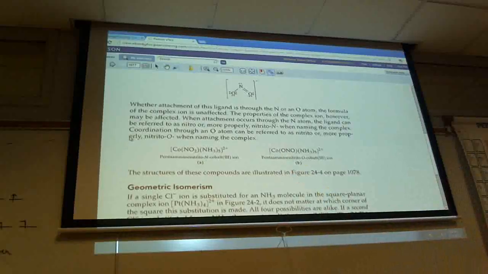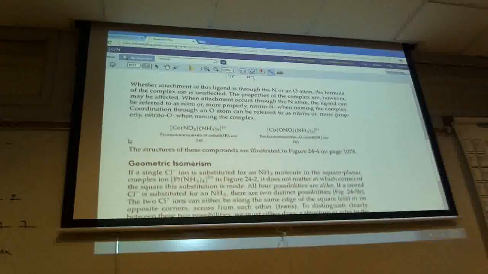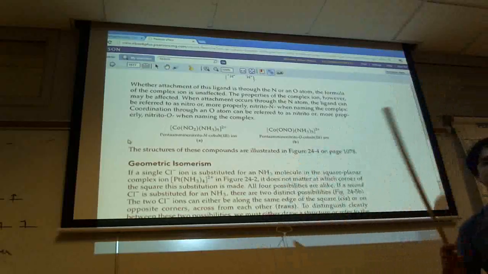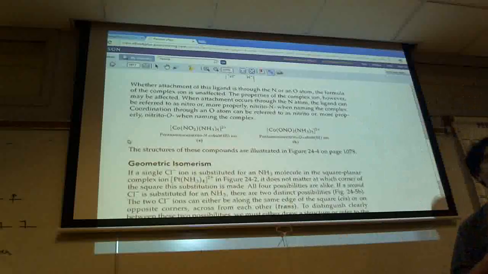Stereoisomers are different. Stereoisomers are going to show the same bonds. So if you look at it, cobalt chlorine, yes, cobalt chlorine. Cobalt bromine, cobalt bromine. All the bonds are the same. The only difference is their three-dimensional arrangement.